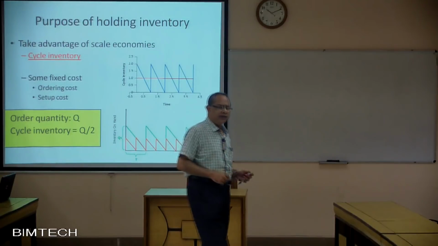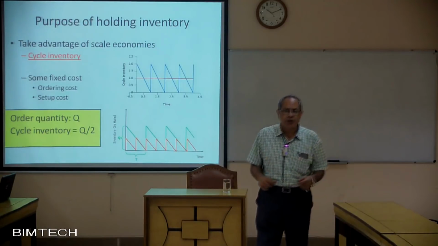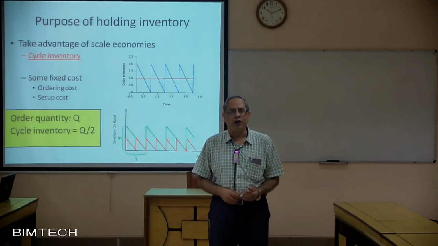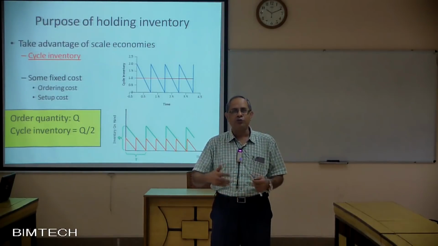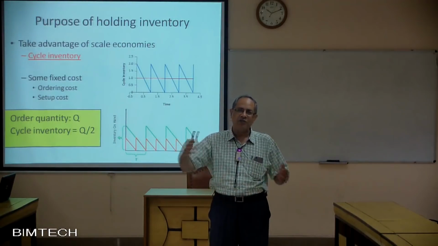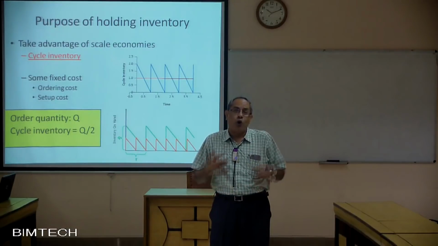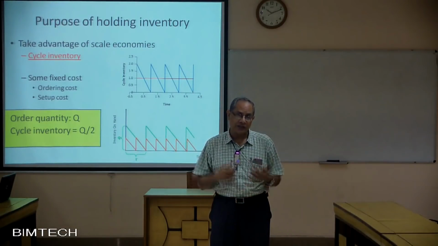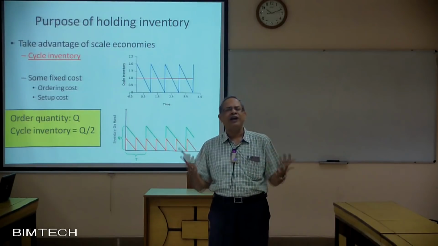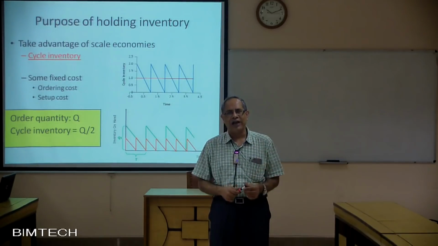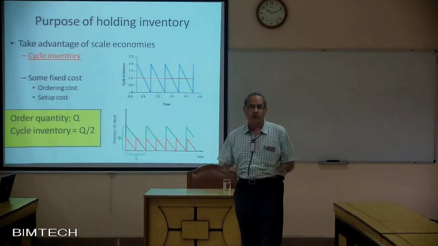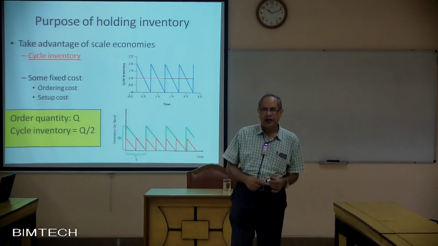But the reason why we don't order one or two pieces is because every time we order, there is a fixed cost of ordering, and ordering one or two pieces means that you are ordering a large number of times in a given period, and therefore your ordering cost is very high, and that's a fixed cost. So you would want to minimize, or rather optimize, the allocation of the ordering costs on a per unit basis, and therefore you would want to go for a certain size of the order.